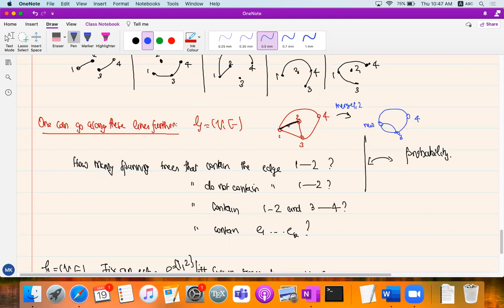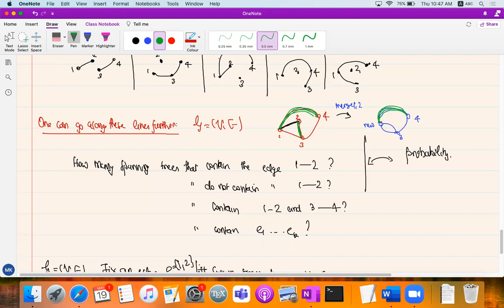Say you have a spanning tree which contains 1, 2, for example, 1, 2, 1, 4, and let's say 2, 3. After merging, what happened to 1, 4? 1, 4 is this edge.